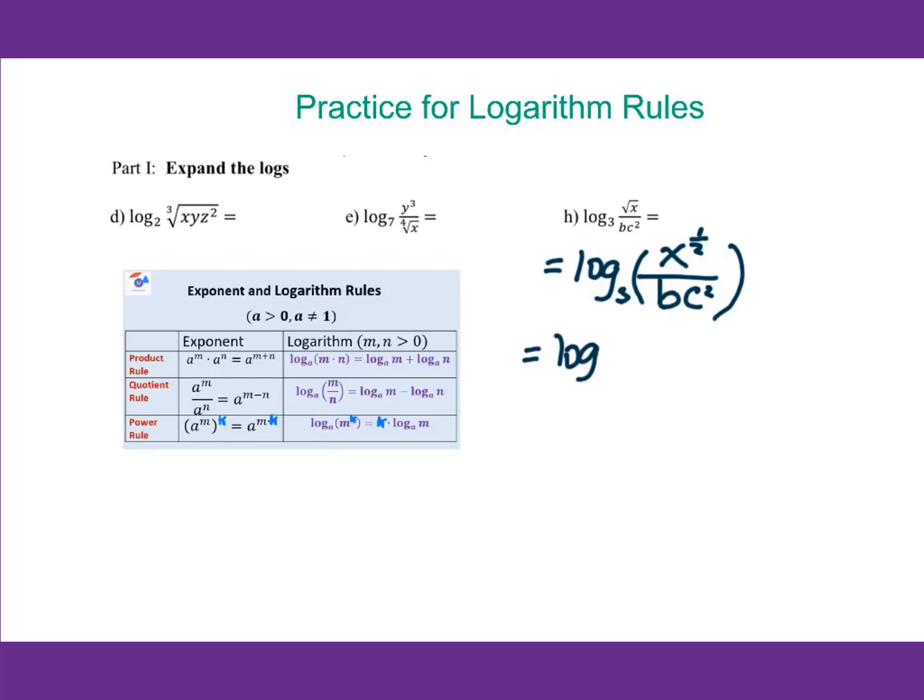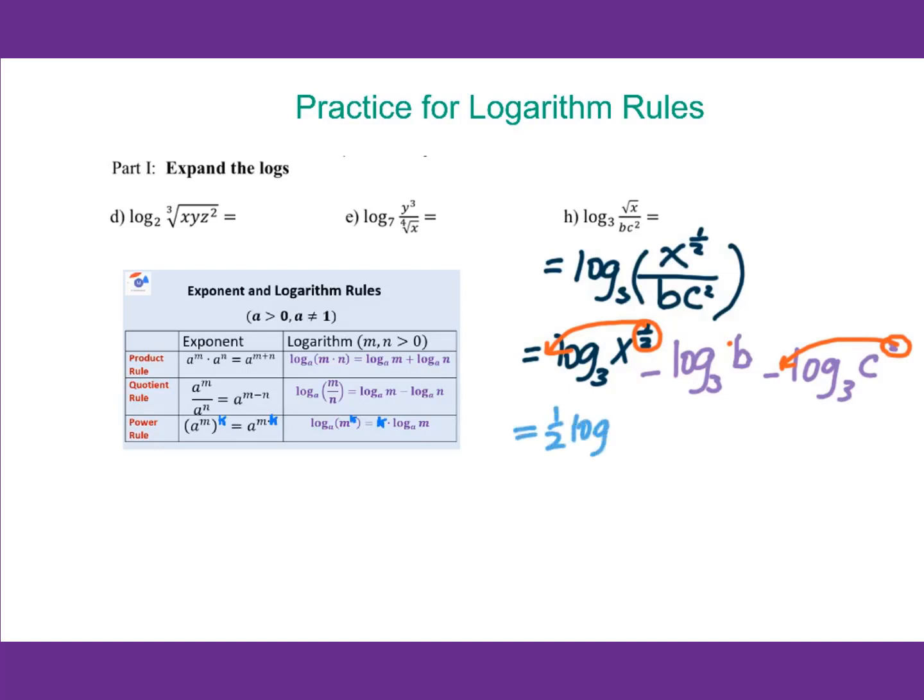So we got log base 3 of x to the 1/2 power minus log base 3 of b minus log base 3 of c squared. Then you need to drop down the exponent. So we get 1/2 log base 3 of x minus log base 3 of b minus 2 times log base 3 of c.